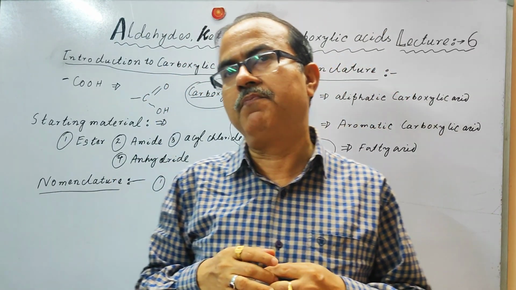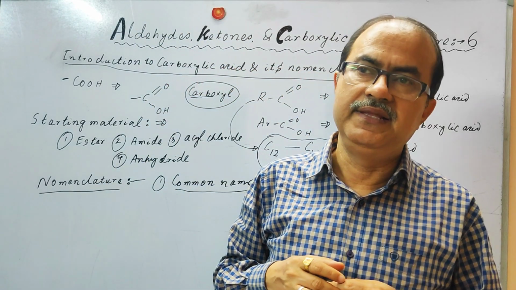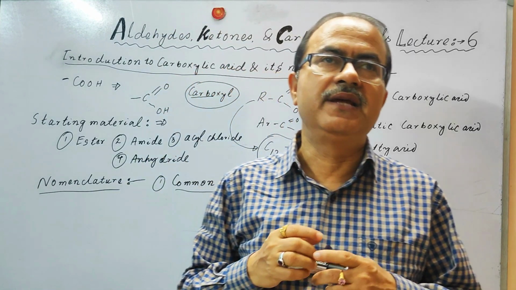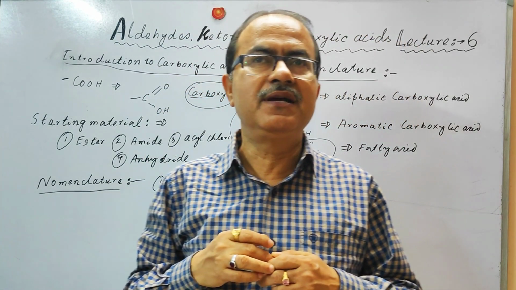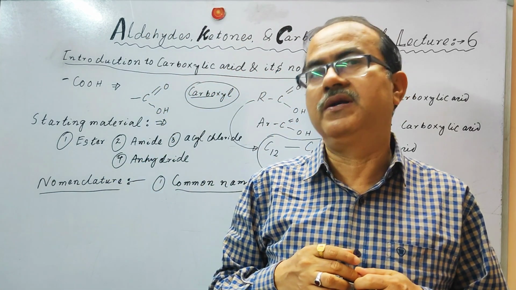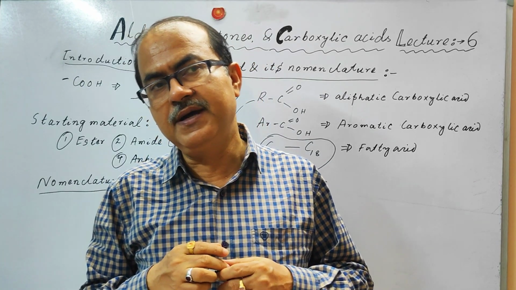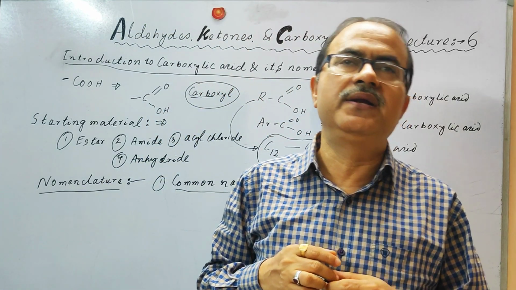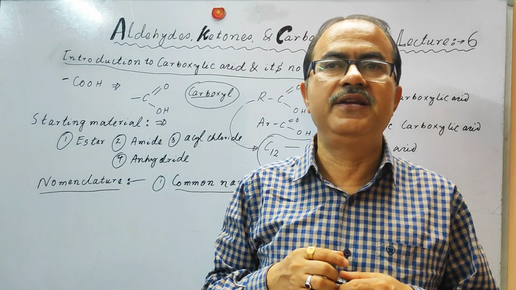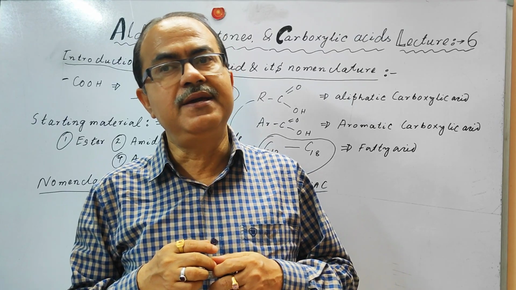Many of the compounds are known by their common name, which is derived from the natural source, and the name is in Latin words. In the end, there is one suffix that we have to add to the common name, that is the ic acid.